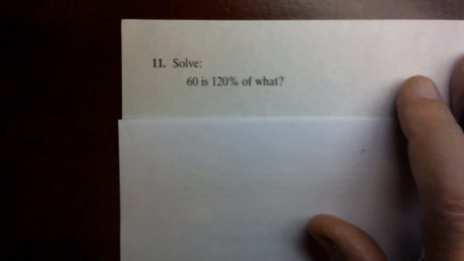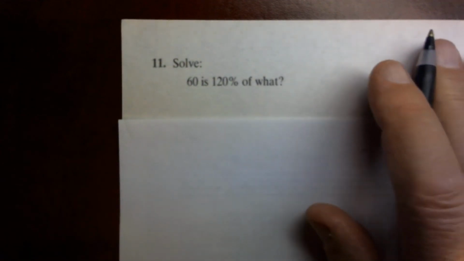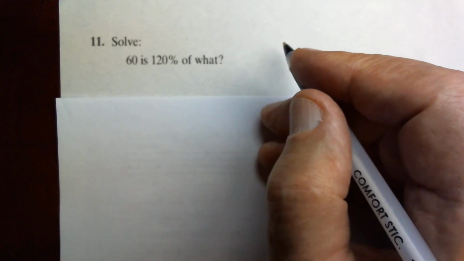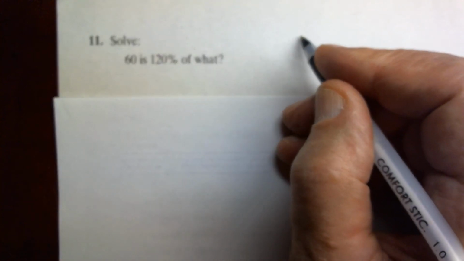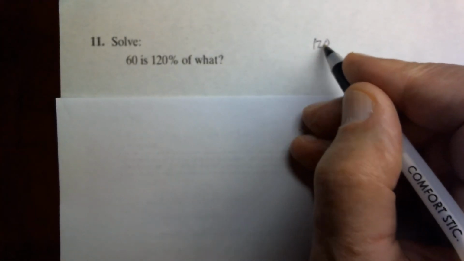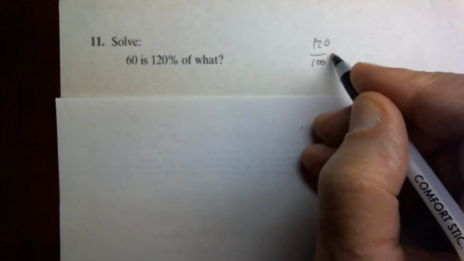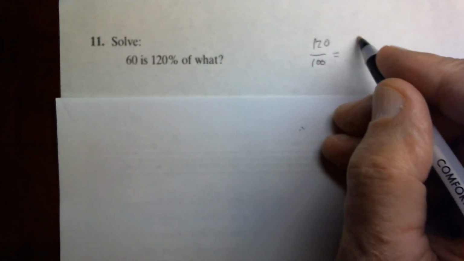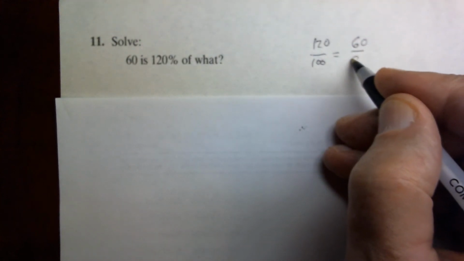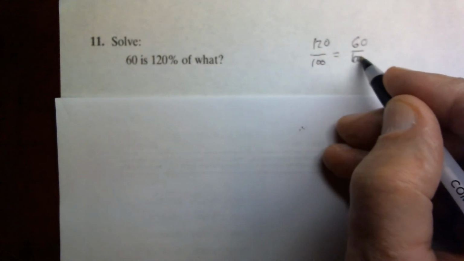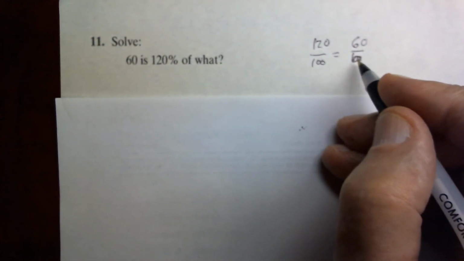So number 11 is very similar. Here we write it as 120%. That's 120 divided by 100 is equal to 60 divided by B, since it's the base.